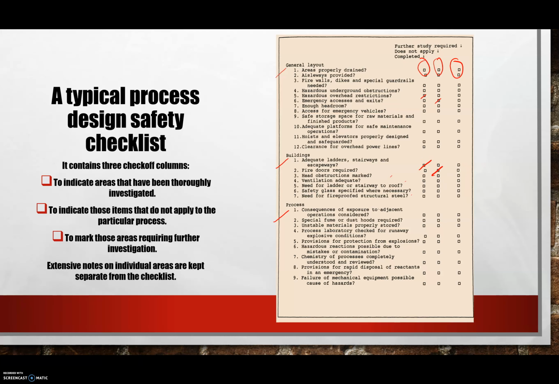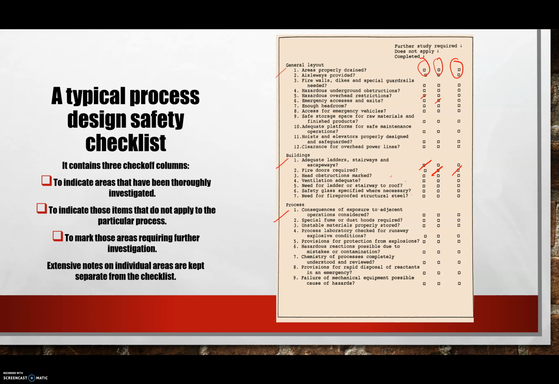So at the end of your checklist analysis, you know where you can take further action just to prevent the incident from occurring. Or maybe further study is required. You need more thorough analysis.